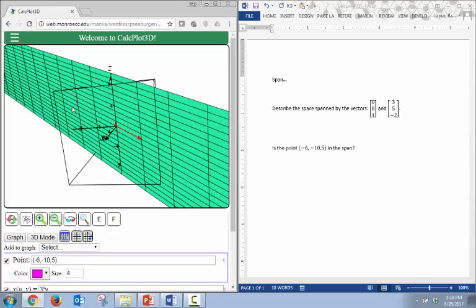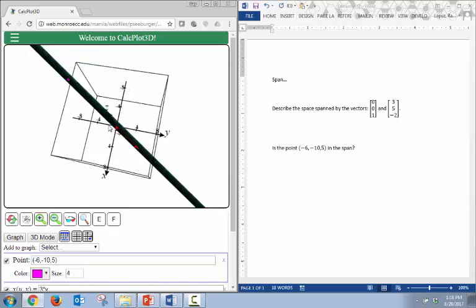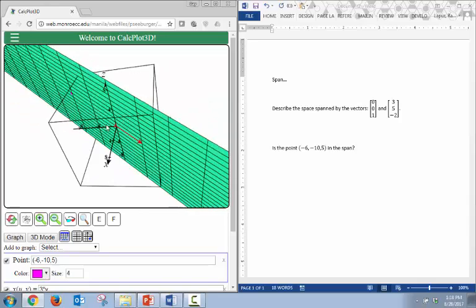Then I would be at this point on the plane. And that's a point on the plane.